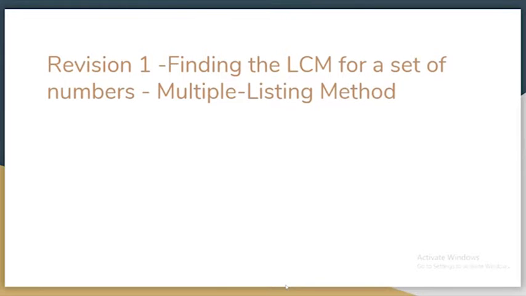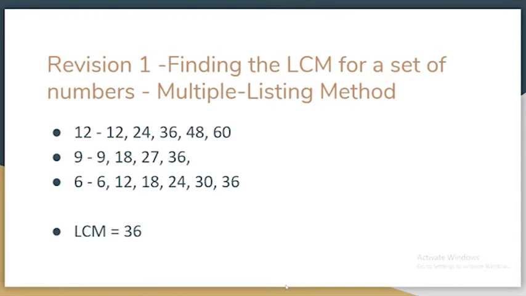Now, the first one is what I call the multiple listing method. You won't find that in any book. In this approach, we write down the numbers. Remember our numbers? 12, 9, and 6. So we are going to start with the biggest one, 12.